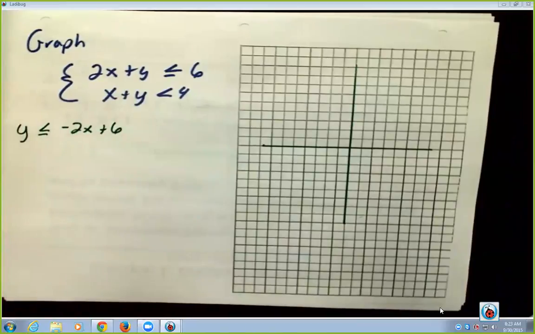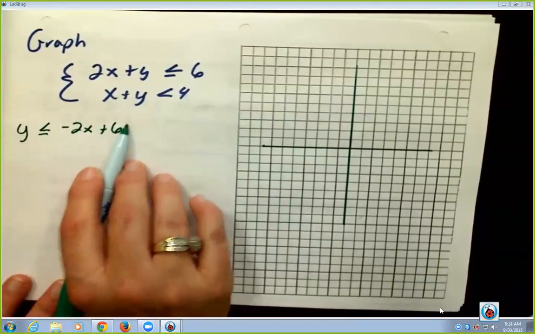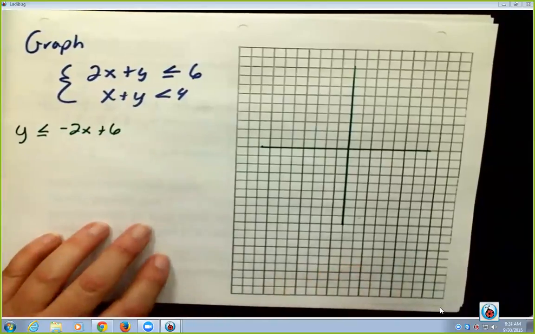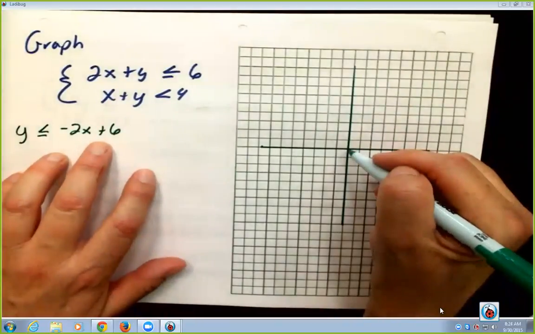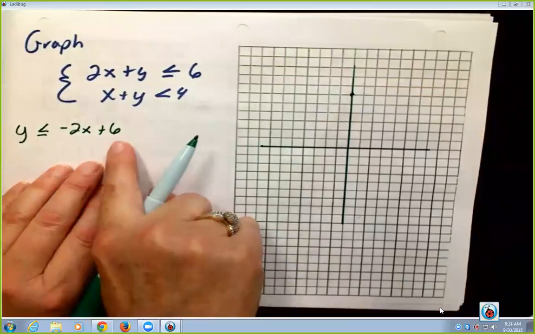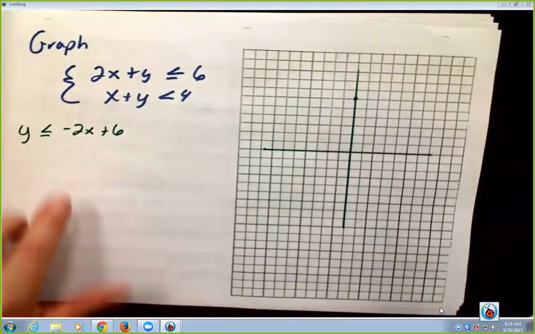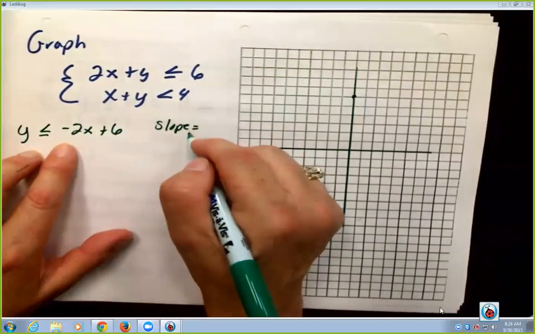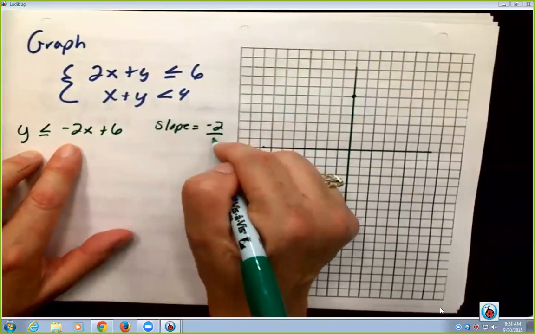So we have questions on graphing these. I know some of you may not have graphed in quite a while. I think 4.3 kind of did a good review of some of that, where you had your slope and you had your intercept, and we could graph it that way. And so in here it says I'm going to go up 6 because my intercept is 6. My slope is negative 2 over 1.